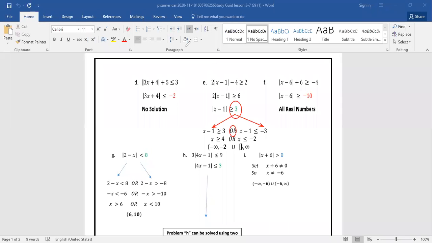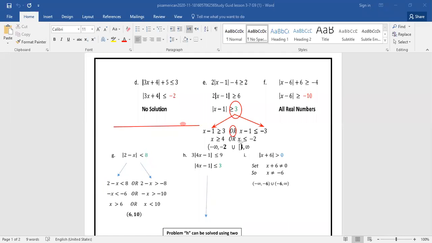But let me now represent this one by a number line. If I want to represent the solution on the number line, then we have x more than or equal 4, right? So we will plot a circle. Will it be a shaded circle or a blank circle? x more than or equal 4: shaded.